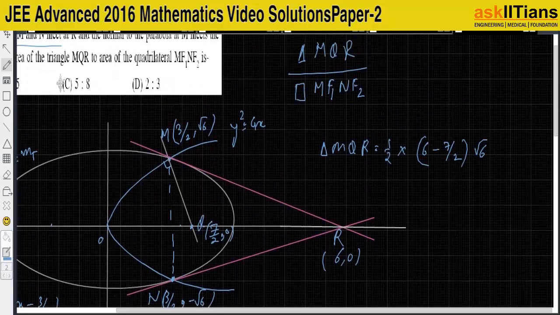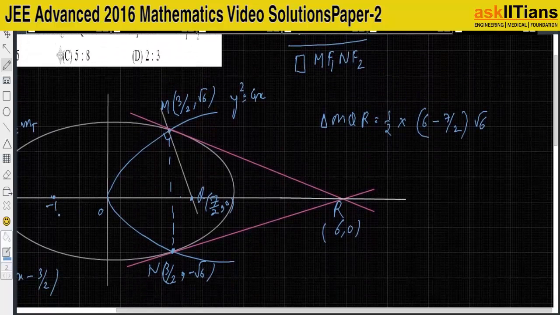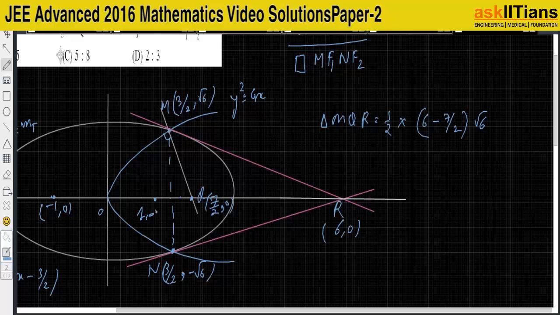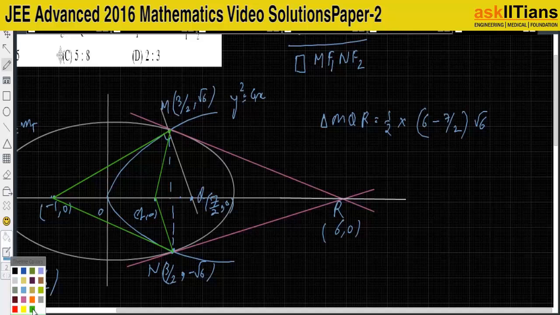And I already know what F1 F2 is: minus 1 comma 0 and 1 comma 0. So 1 comma 0 will be somewhere here. I need to find out the area of this quadrilateral F1 M F2. The area of this quadrilateral is nothing but double the area of this triangle.